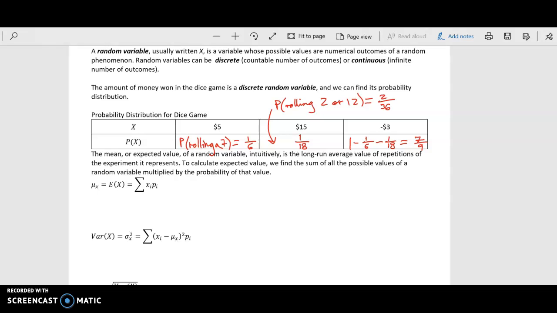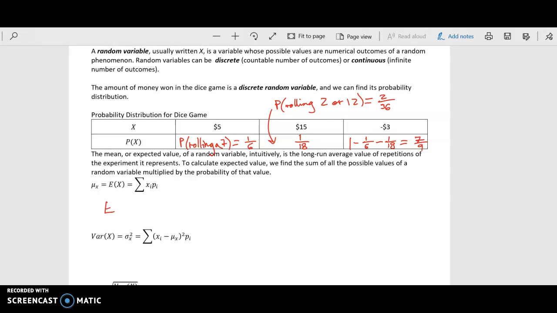So the mean is also known as the expected value. It's the sum of each of these outcomes times their individual probabilities.